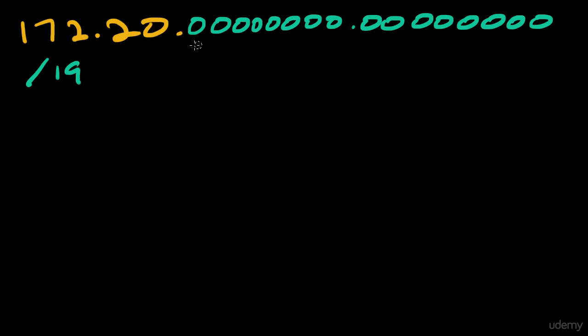Our subnet bits are therefore these three right here, and the last 13 bits are host ID bits. The first IP address in this range will have the host ID bits as mostly zeros, and this last bit would be a 1.